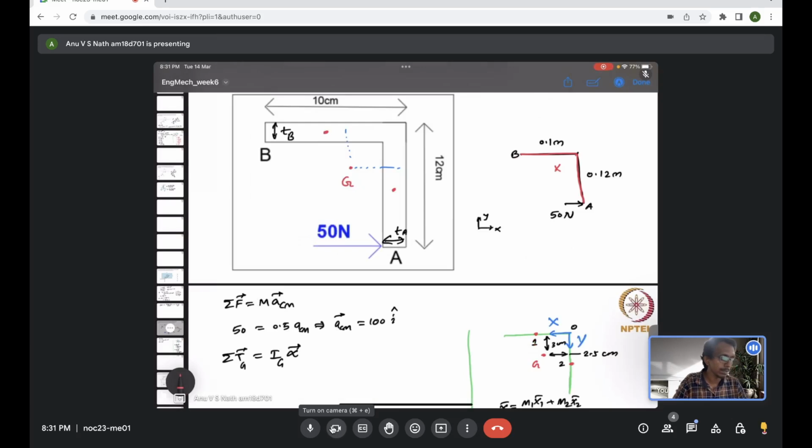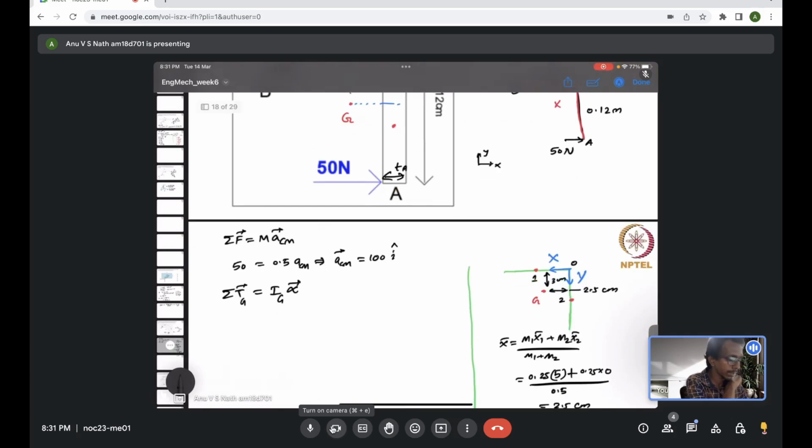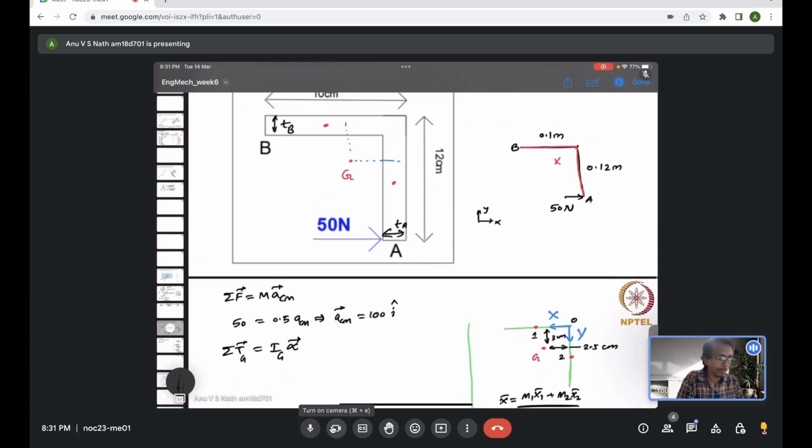I'm also marking the center of mass of the other bodies as well, which is exactly at the length by 2 locations. So now let's start evaluating the torque about the center of mass G, the total moment about the center of mass G. And you can see only the 50 Newton force is going to create a torque, right?